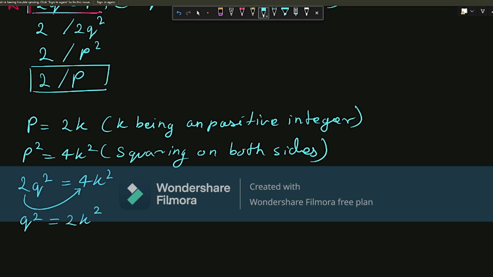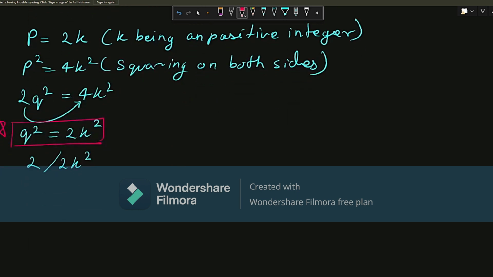Right. Now we will divide. That means, sorry, it should be: 2 divides 2k square. Actually, now we have found another equation. This one I'm marking with a star. This is another equation that you need to remember. So q square equals 2k square.